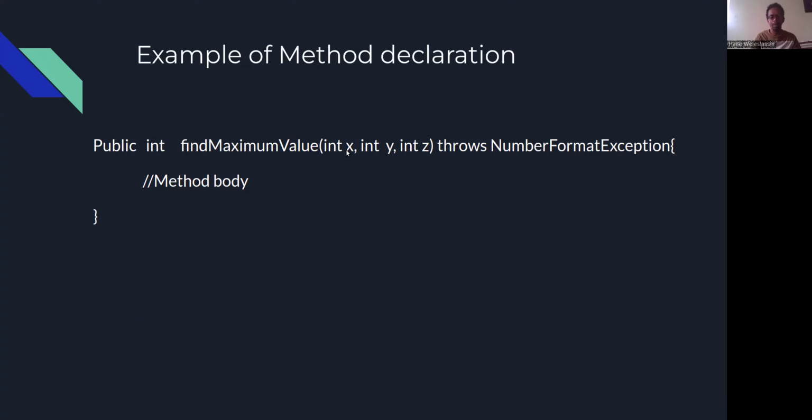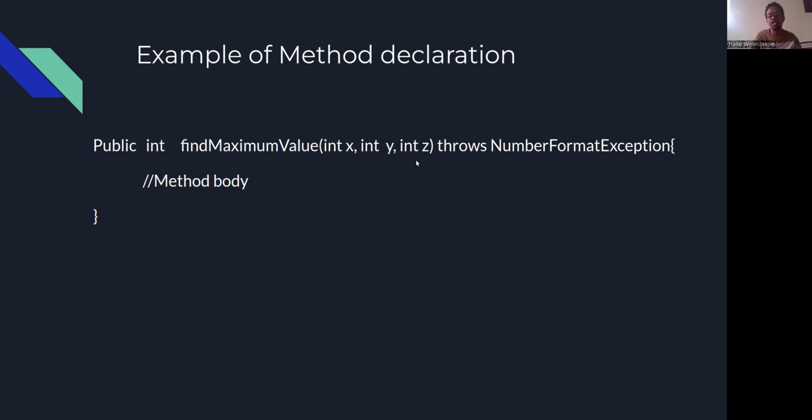We may need arguments. It's up to us, it's up to the business, the aim of the method, whether to use arguments or not. So this may be empty parentheses.